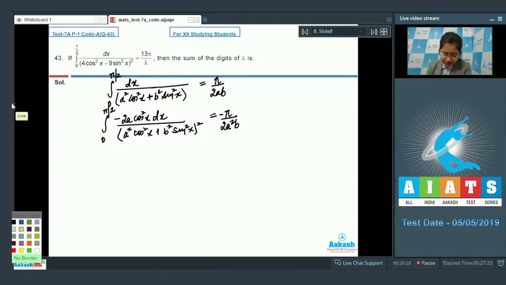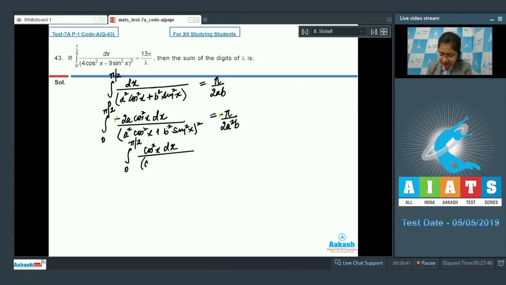The minus from both sides will get cancelled. So we get the integral of cos square x dx divided by (a square cos square x plus b square sin square x) whole square, taking 2a to the right hand side, equal to pi upon 4a cube b.